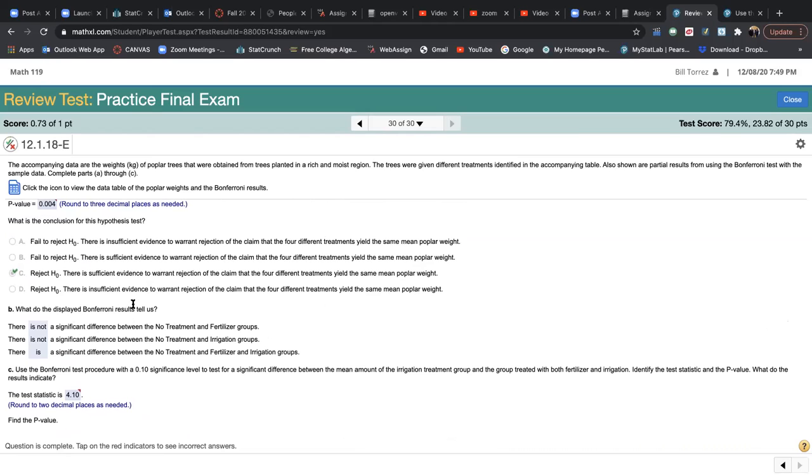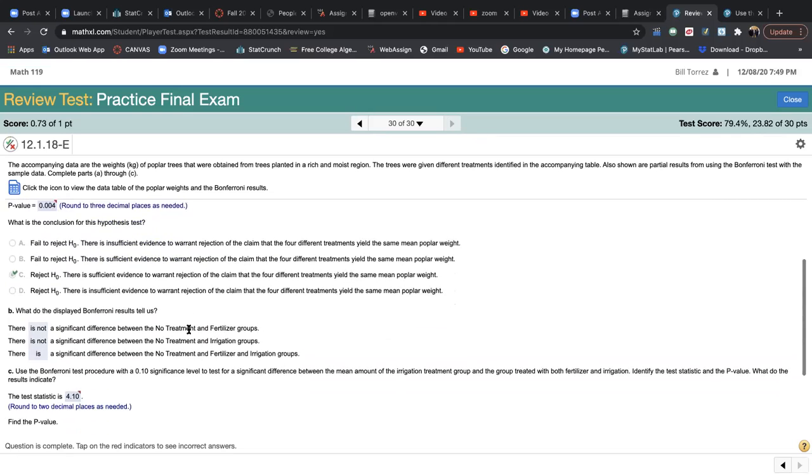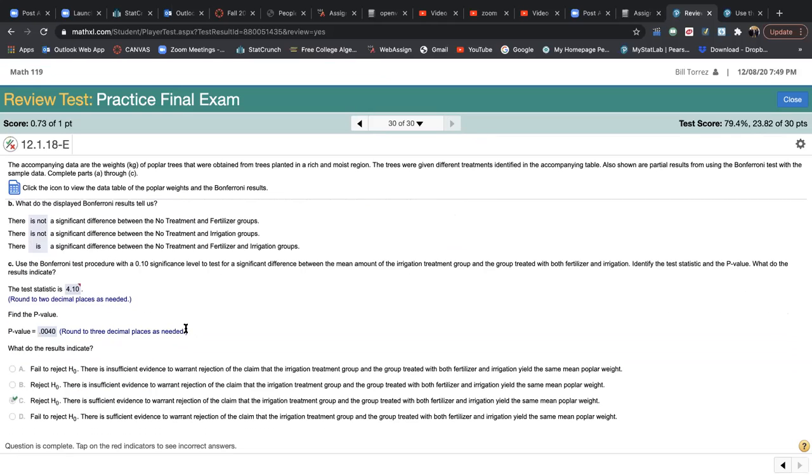Some of you might be interested though, and you can read up in your textbook. One might want to understand the difference between the fertilizer versus the no treatment, or the irrigation versus the no treatment, and so on. Fertilizer and irrigation versus the no treatment. And Bonferroni gives you a way of doing that, okay?